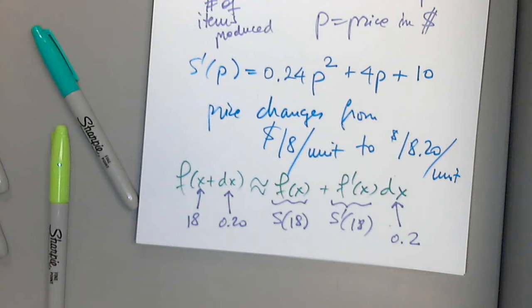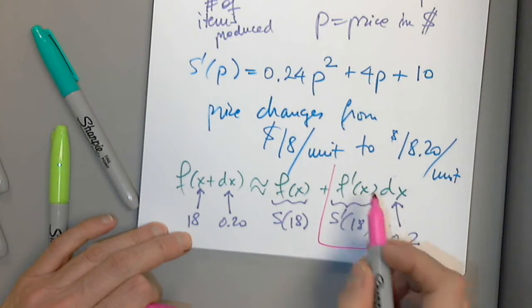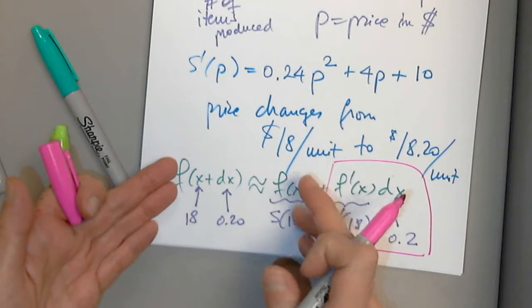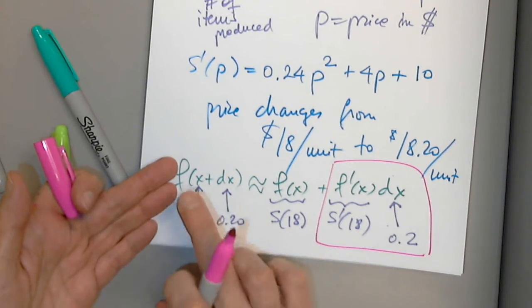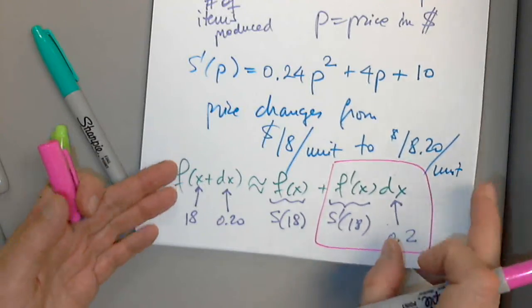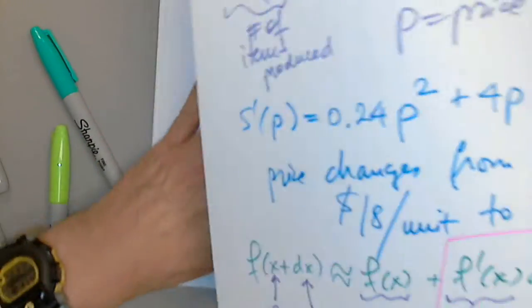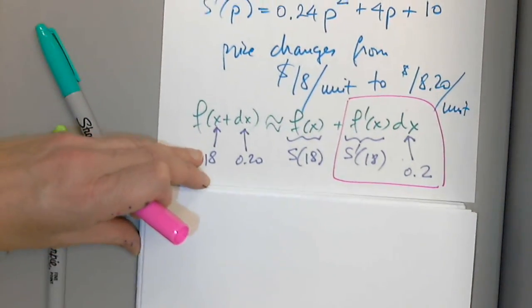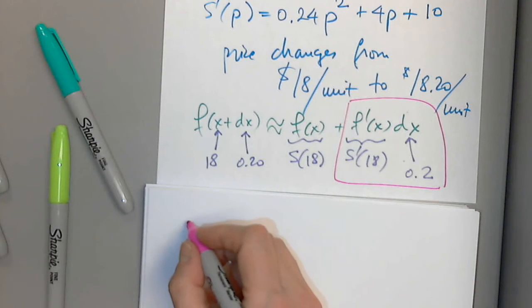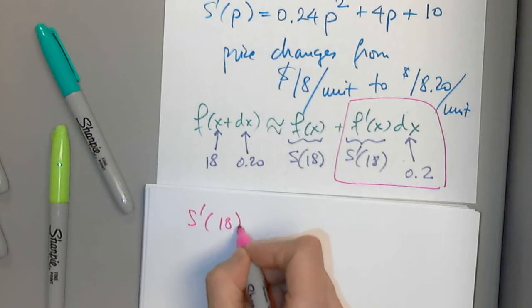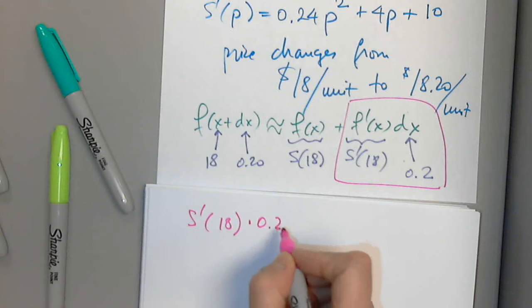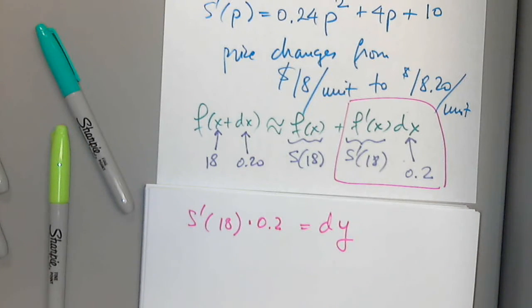So this time they only wanted us, but I wanted us to write the whole thing so we identify everything correctly. So in this case, we are only asked to estimate the difference, which is this. This is the difference, this minus f of x. So then, all I have to do is find S prime of 18, multiply by 0.2, and this will be our delta, our dy.